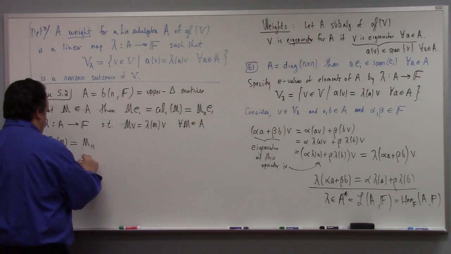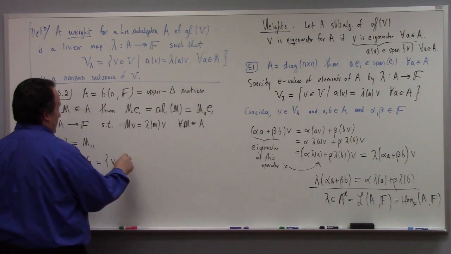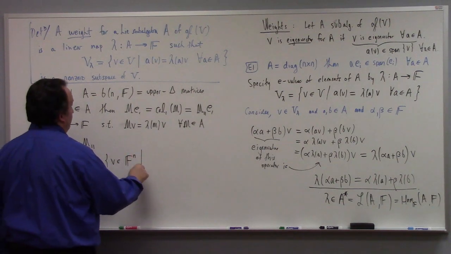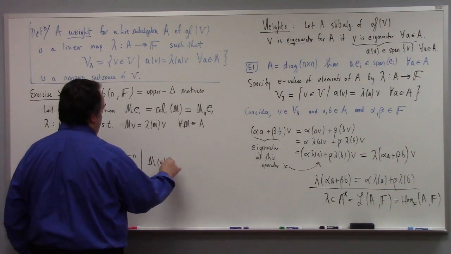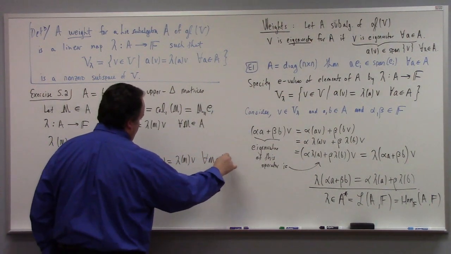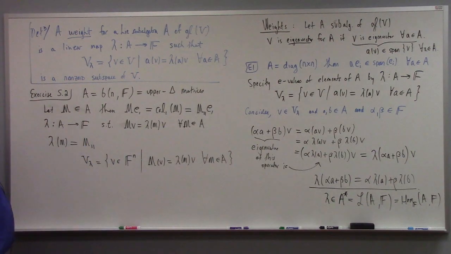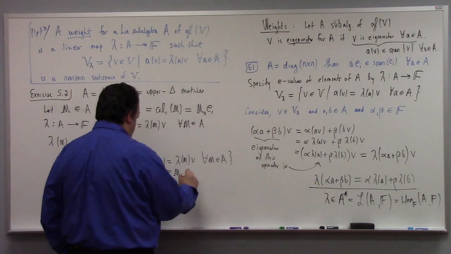I think if we look at the v of this lambda, we're talking about v in, in this case, Fn, such that, using my current notation, M of v equals lambda of M v for all M in A. So by my definition, this is M11 v, right?